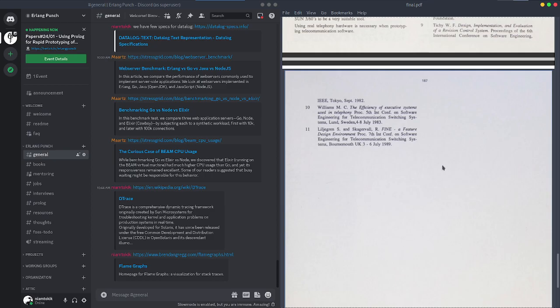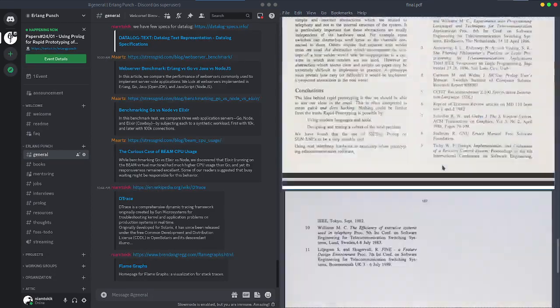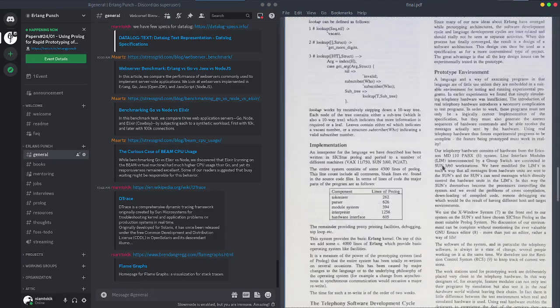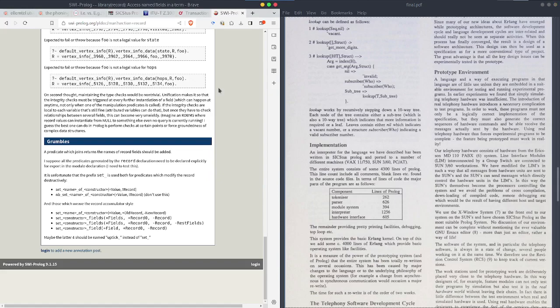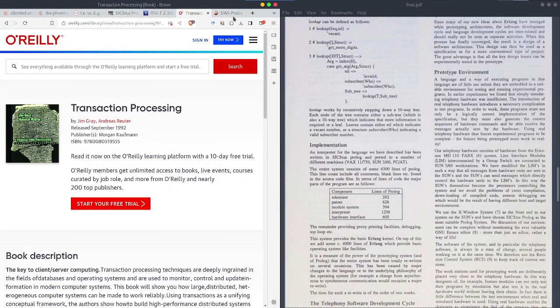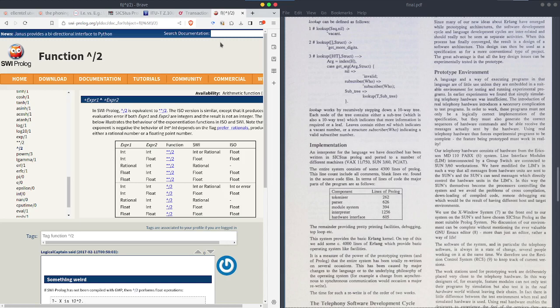Okay, that's really great. That was a really great paper. It's sad we can't use Prolog, but I think just for the syntax, I don't remember the name of this thing.